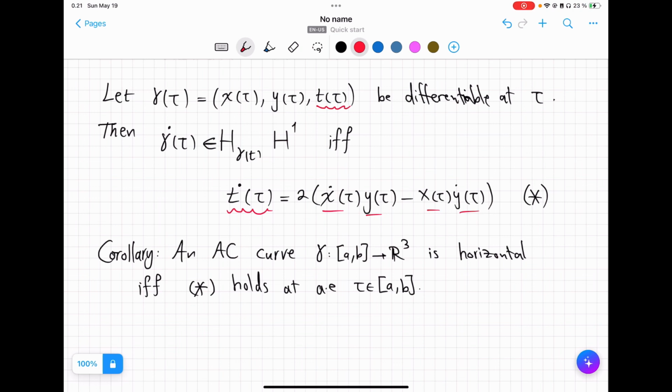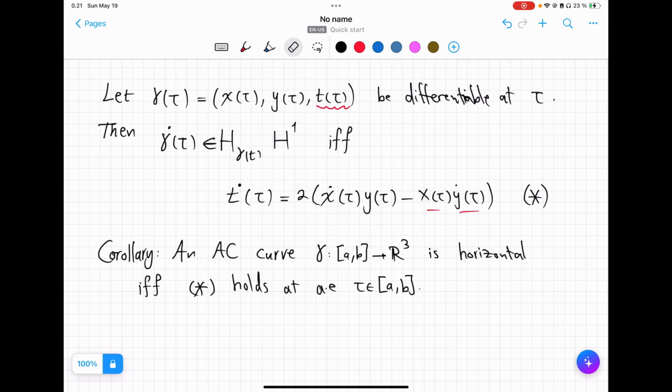So here you only have x and y on the right-hand side, and the derivative of t is given by that, so by integrating you recover t. This is, of course, not at all true for an arbitrary curve in R3, which can even go vertically up, where the right-hand side will just be 0. And here is where being horizontal plays the big role.